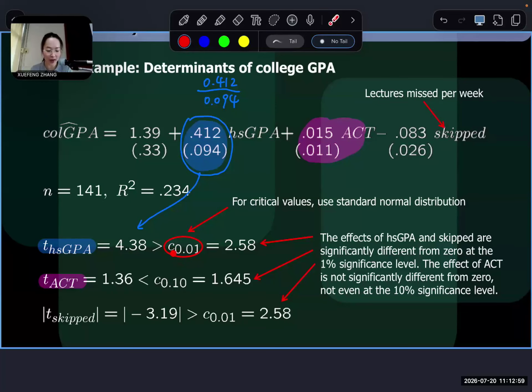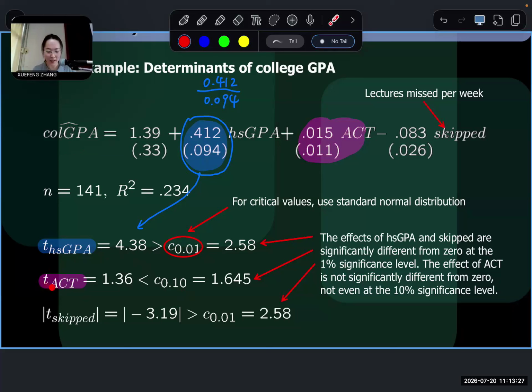So right now you need to know c 0.01, which means the critical value at the 1% significance level. This one is greater, that's why we can reject H0, which means HS GPA has an effect on our college GPA.